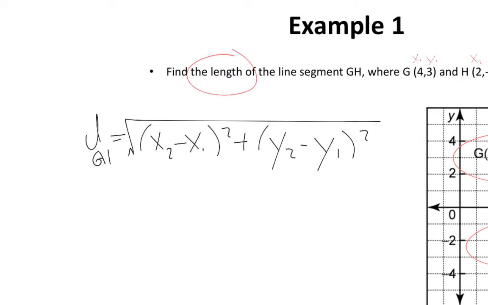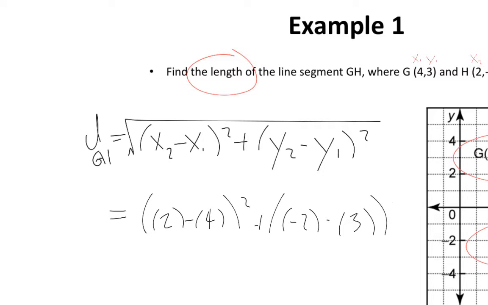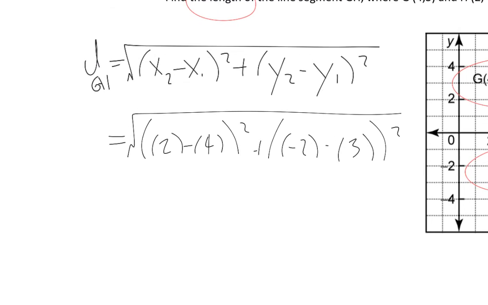When I substitute in values, I like to put them in brackets. You don't have to, but that is what I like to do. Once we've substituted in our values, I want to clean up my brackets and signs.